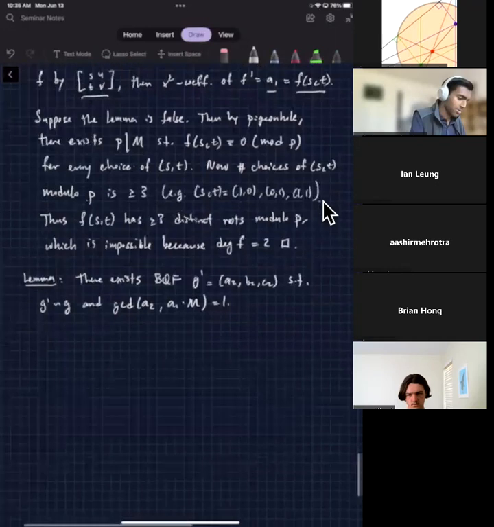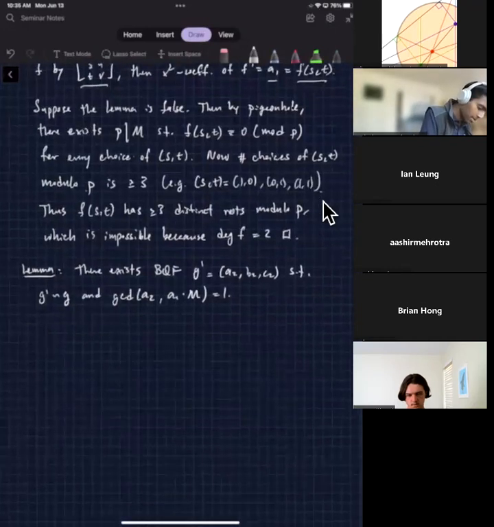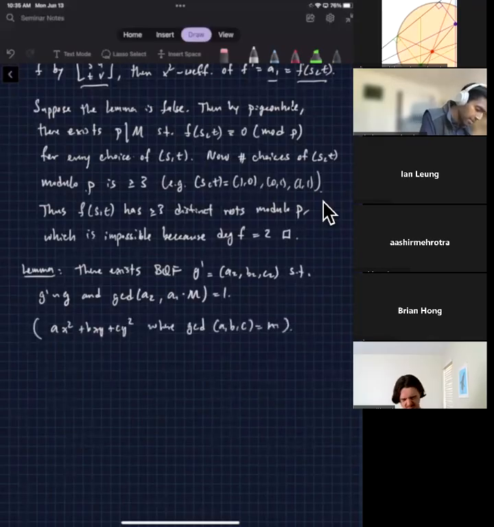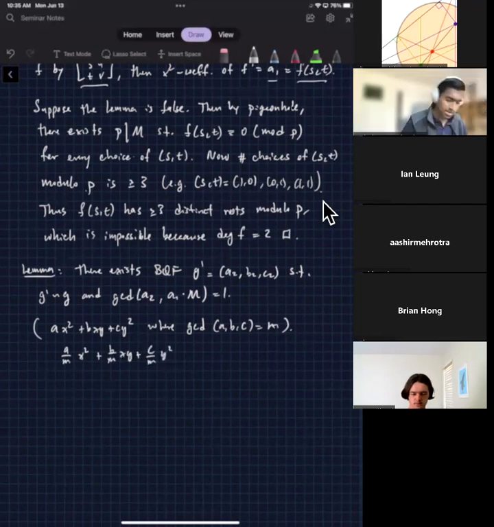The reason that you're not interested in such BQFs is that, so suppose you have a BQF, this is an aside, ax squared plus bxy plus cy squared, where the GCD of a, b, c is equal to some number m, say. Then you can just divide by the GCD: a over m x squared plus b over m xy plus c over m y squared. So that's a new BQF with integer coefficients.